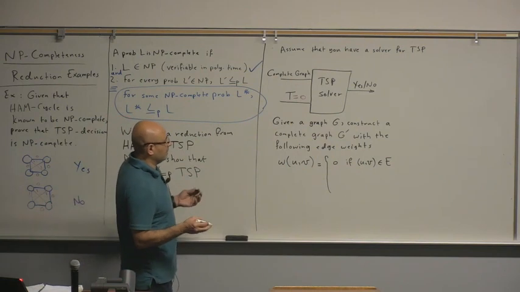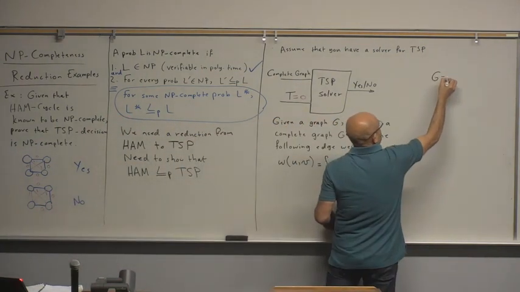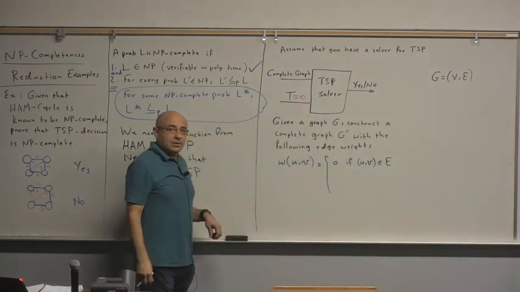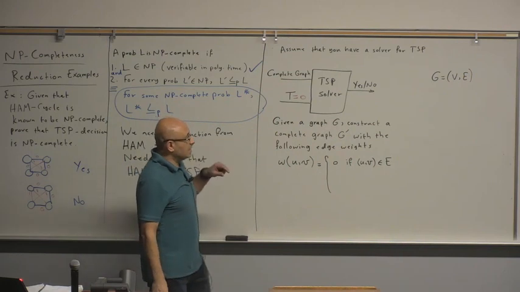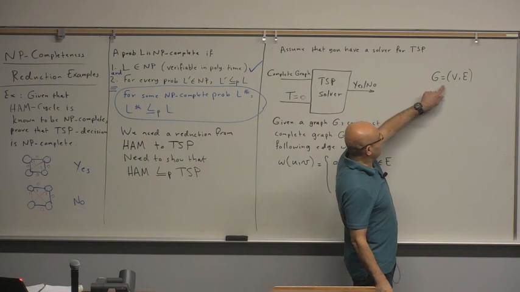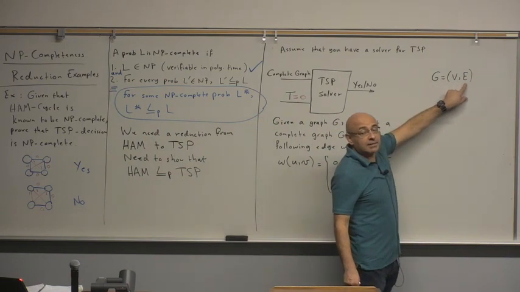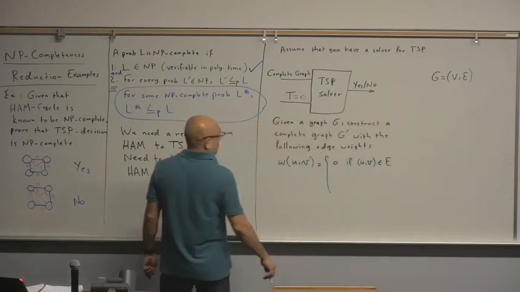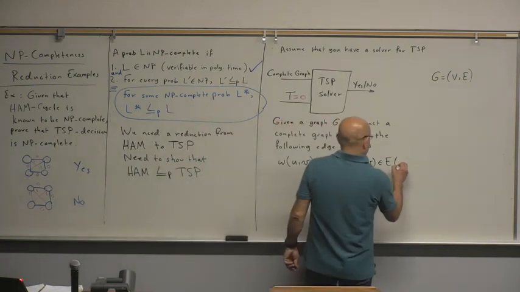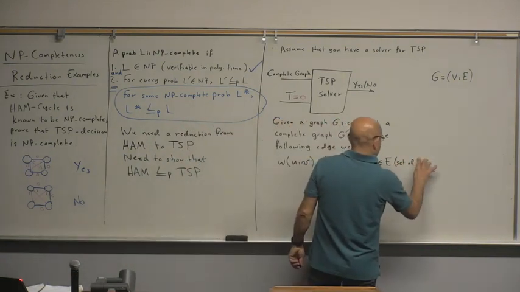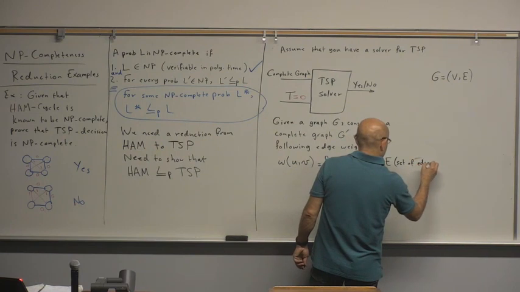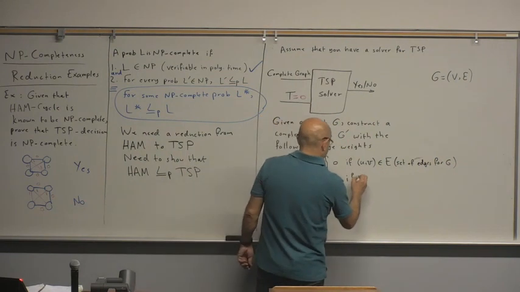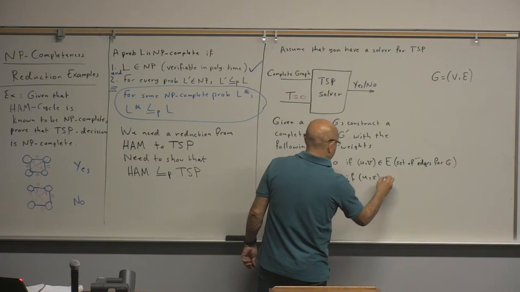So technically, we should write G as a graph equals V and E. A graph is a pair that consists of a set of vertices and a set of edges. Mathematically, that's what a graph is: a set of vertices and a set of edges. So E is the set of edges for G. And the weight is 1 if UV does not belong to E.